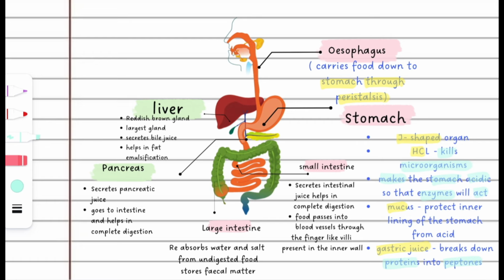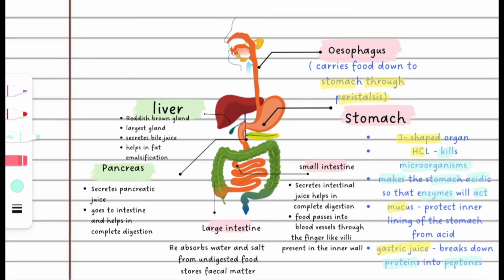So protein is not completely digested inside the stomach, but it is partially digested, which is termed as peptones. So you have to remember these two things: inside our mouth carbohydrate digestion starts partially, and inside our stomach protein digestion starts partially. Okay, not full digestion happens here.